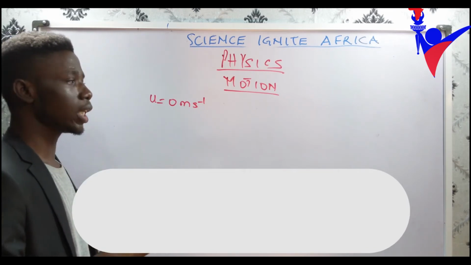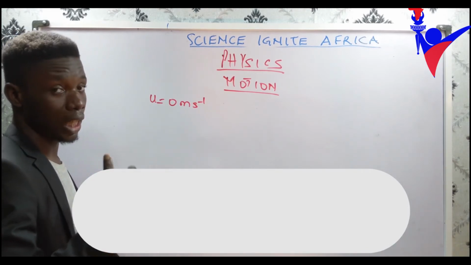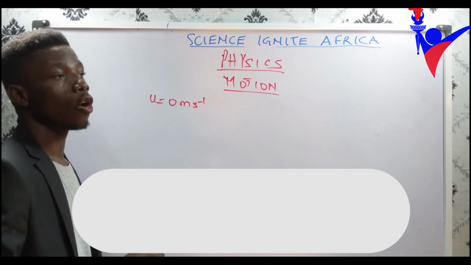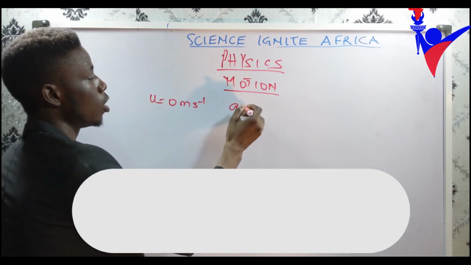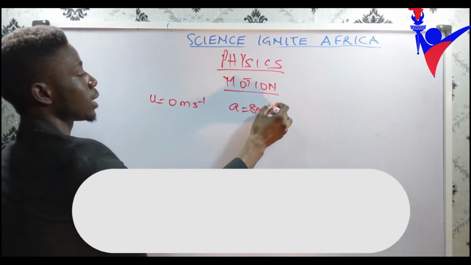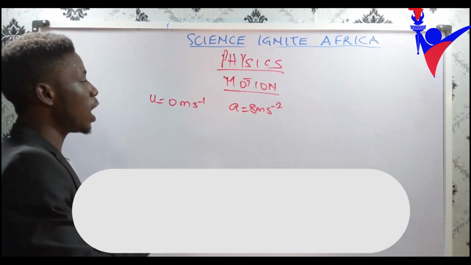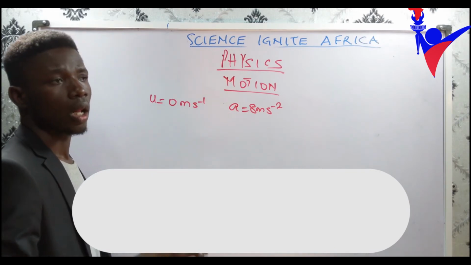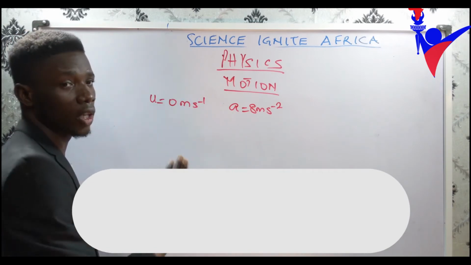So the question says that the initial velocity is 0 meters per second, that is a body at rest, was given an initial uniform acceleration of 8 meters per second squared. So the body started with an acceleration of 8 meters per second squared. Now, we have the initial velocity, we have the acceleration, but there's nothing like final velocity here.